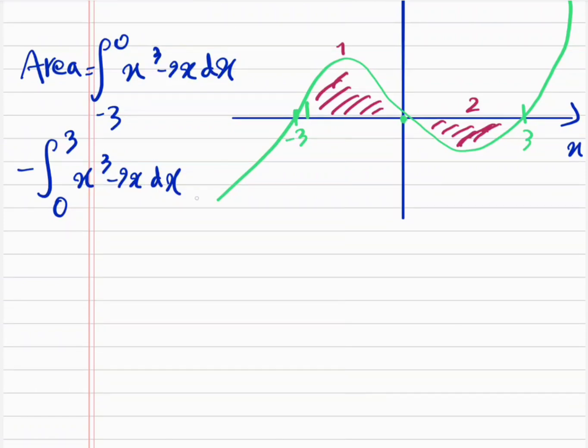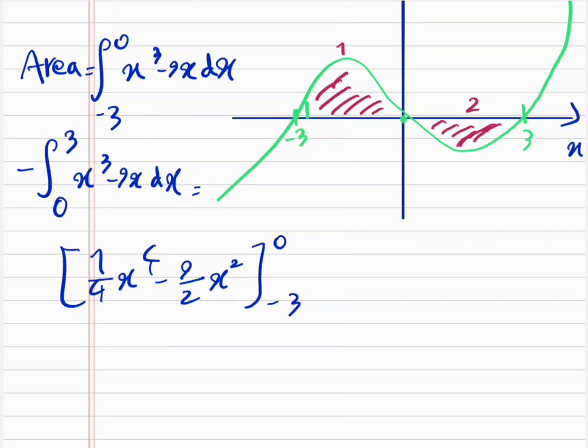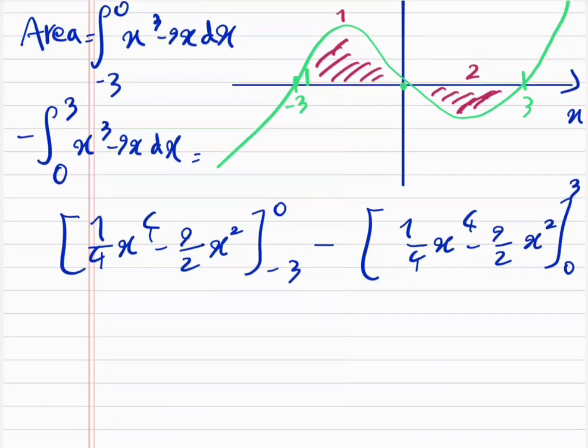So when you integrate the first integral, we get 1 over 4 x to the power of 4 minus 9 over 2 x squared, between 0 and minus 3, then minus the second integral, which has the same antiderivative, so it's 1 over 4 x to the power of 4 minus 9 over 2 x squared between 0 and 3.